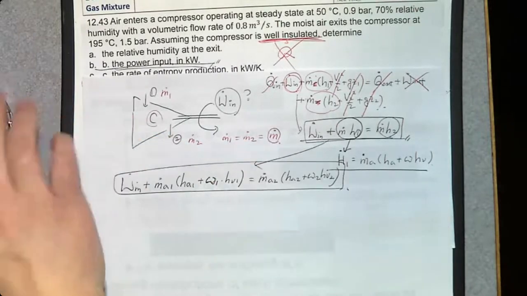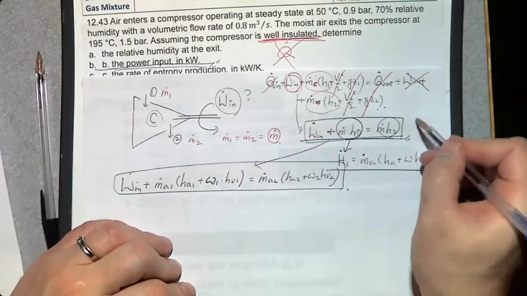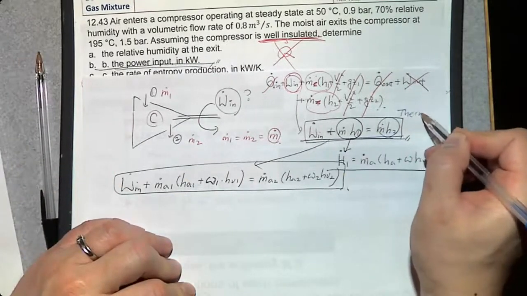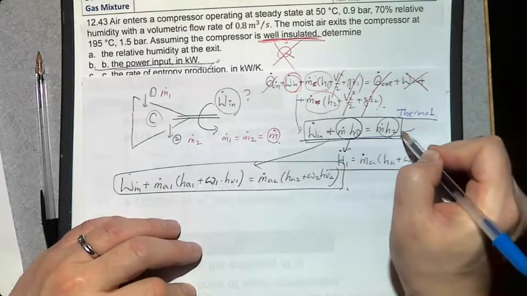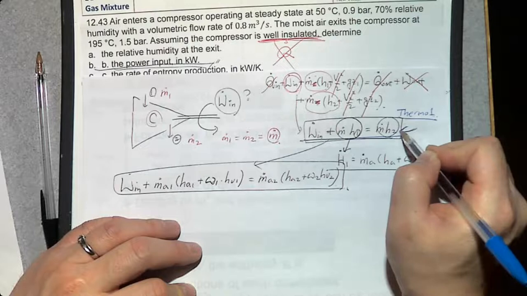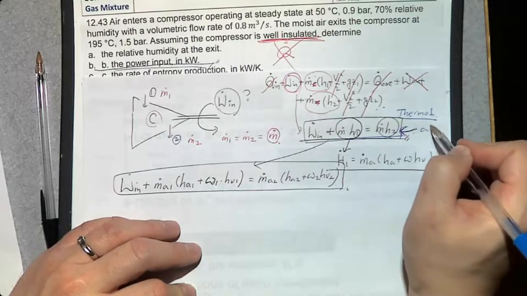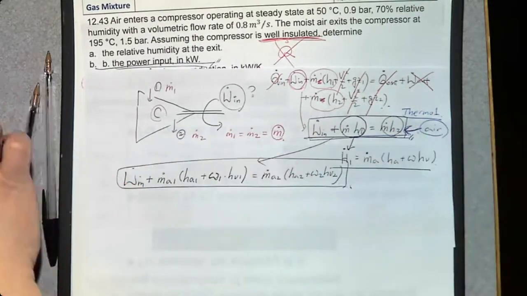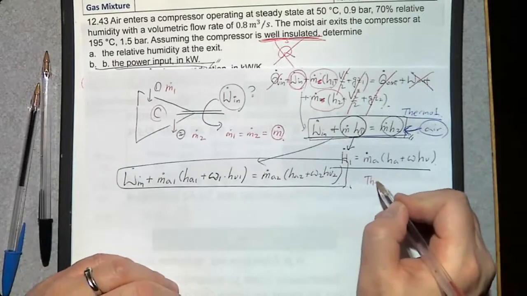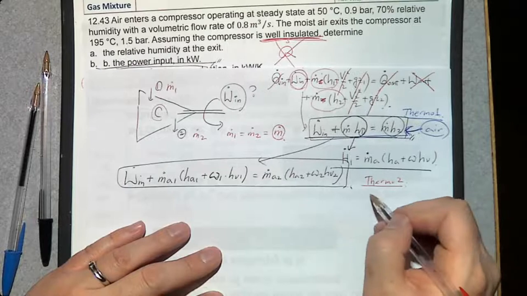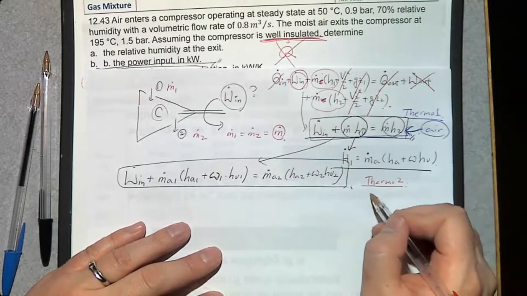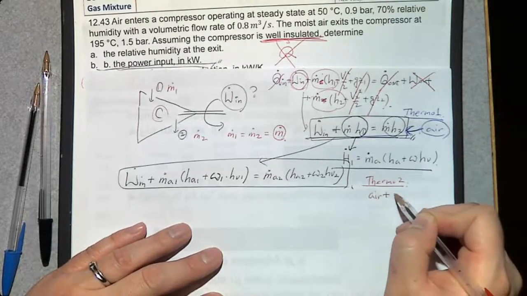Again, we used the simple equation in thermo 1, assuming that we only have a pure system, just air. However, in thermo 2, we solve it more specifically. Instead of air only, in reality it is air plus water vapor.